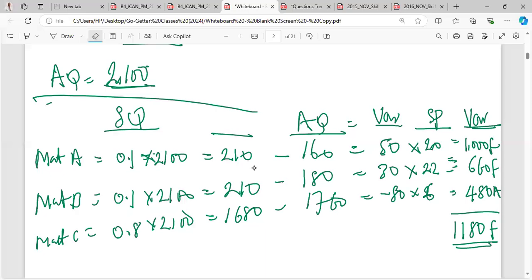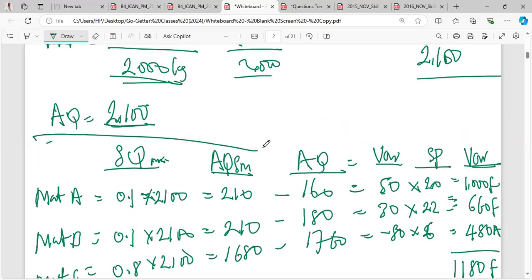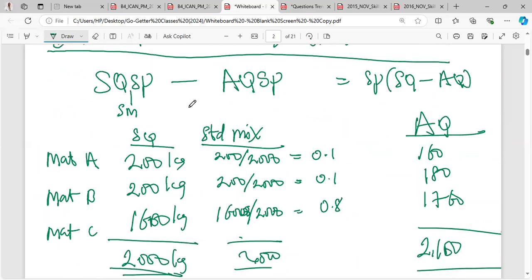This is the standard mix we've got in here. We are using it with the actual quantity. So we have actual quantity standard mix and we are comparing it with actual quantity actual mix.